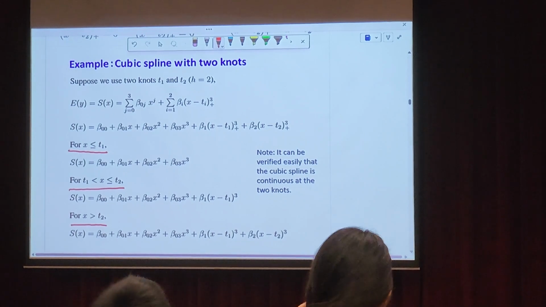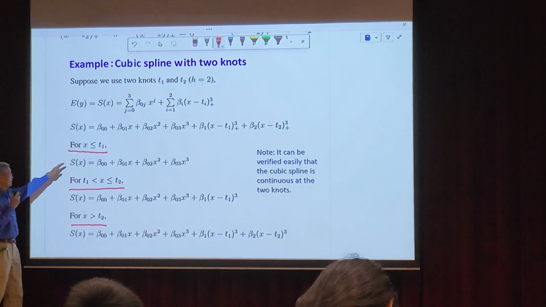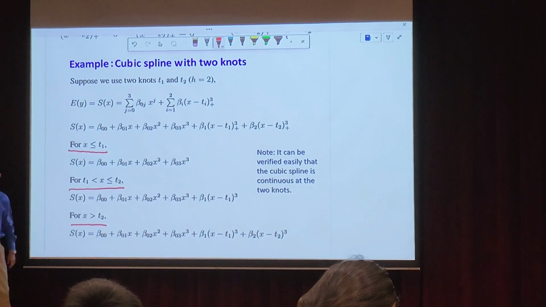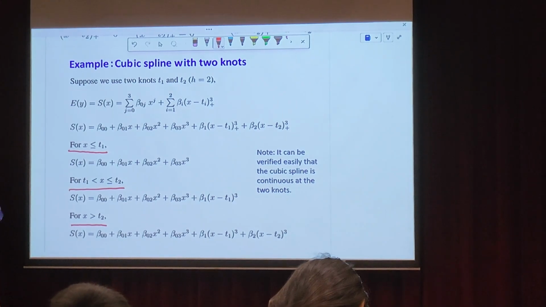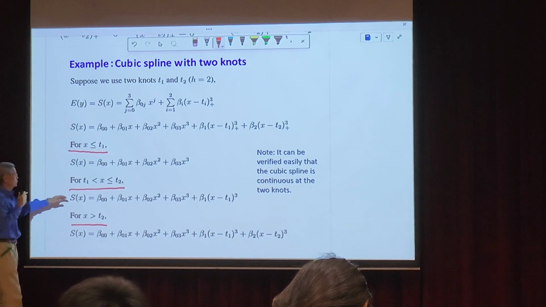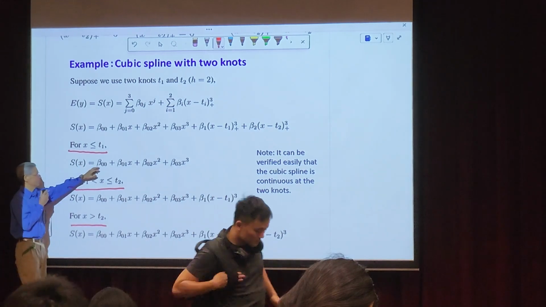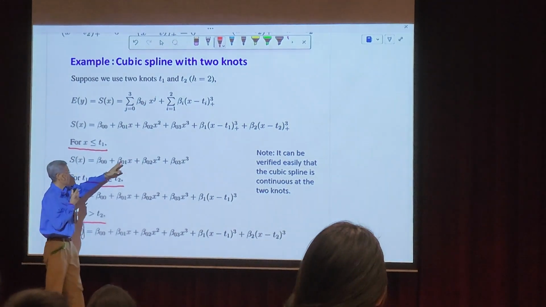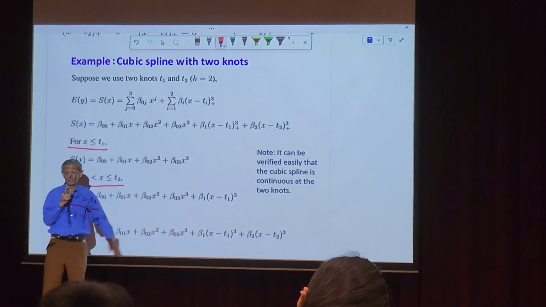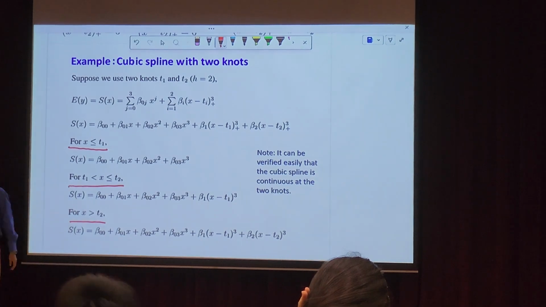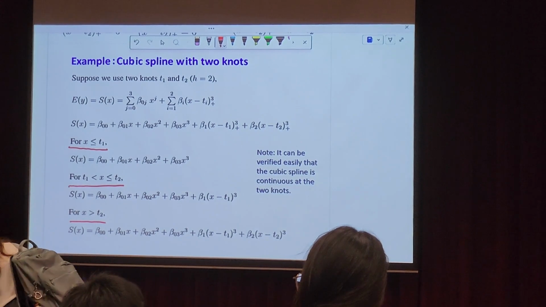Okay. All right. For the first segment, what do we want? We want a cubic polynomial. So that would be our equation. Sx is beta naught plus beta 1, beta 2, beta 3. So you can see it's a cubic polynomial. All right?